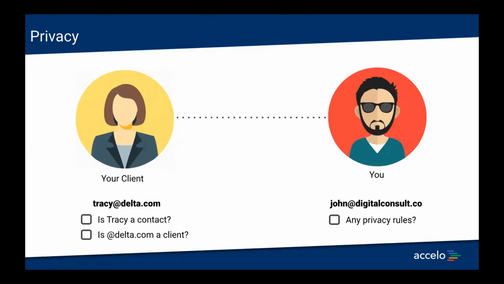In addition to pulling out these particular clients and contacts to make sure that we've separated those, we also take a look at different privacy rules that we may have in place. And these are things that you can set up in your Accelo system as well. So with a particular client, I can set up a relationship that is a confidential relationship between myself and a company, myself and a particular contact within that company.